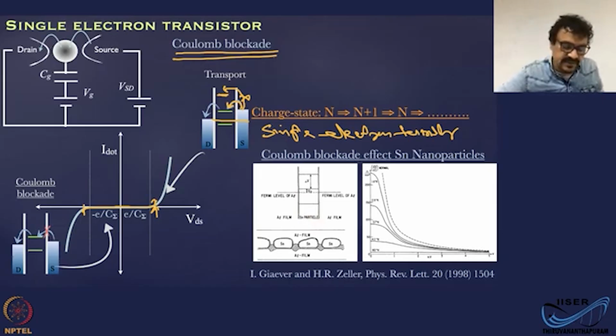So you can see that the differential resistance dV by dI is high as you reduce the source-drain bias. This is nothing but the derivative of a curve which is going to look like this.